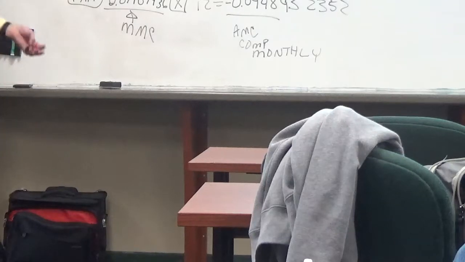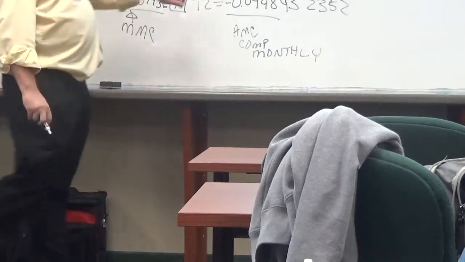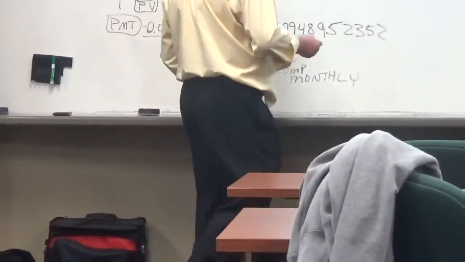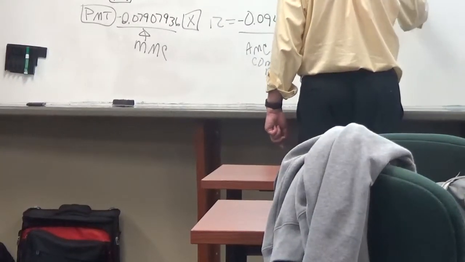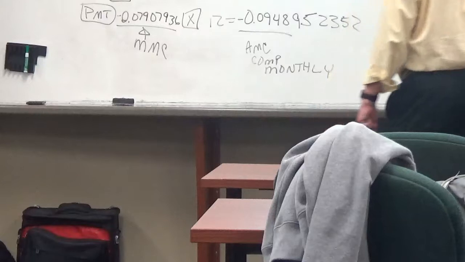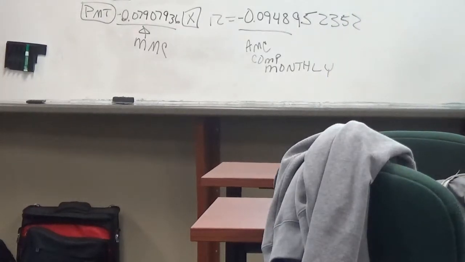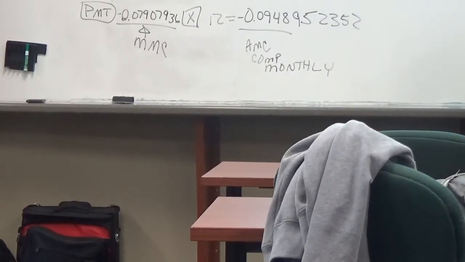What we can do with that number, and this is where the application aspect comes into play, is take the annual mortgage constant and multiply it by our loan amount, and that is going to give us our total annual loan payment for the mortgage.